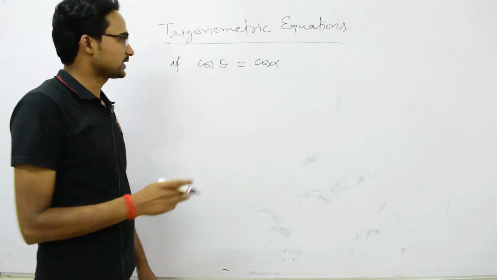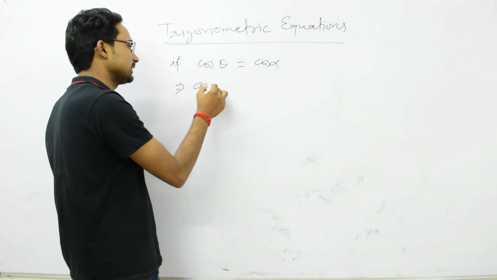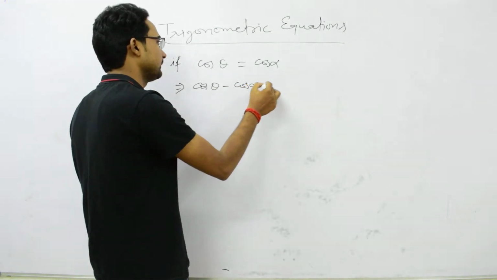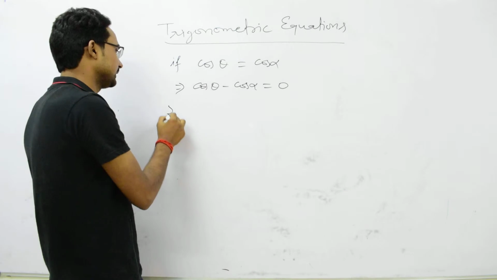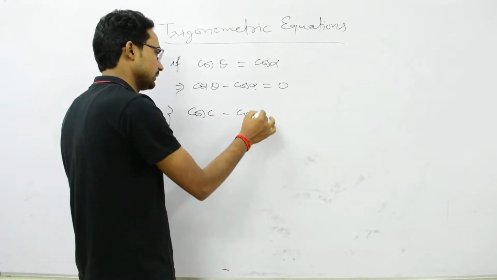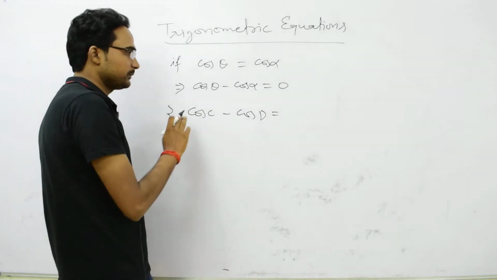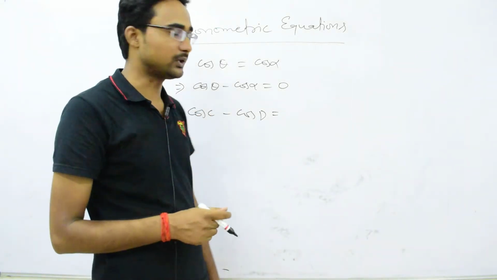Okay. And now, let us transfer cos alpha to one side. So, we can write here cos theta minus cos alpha is equal to 0. Now, let us use the formula cos C minus cos D is equal to what? Firstly, I am telling one trick for how to learn the C plus D formula or C minus D formula.